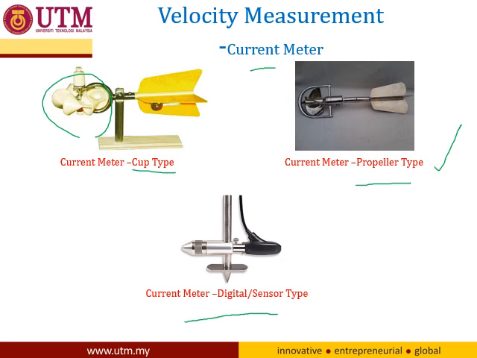The propeller type might have its limitations. For example, if there is some small vortex, the propeller might not work as well as a digital or sensor type. But of course it depends on your budget. Usually digital or sensor types are more expensive than the propeller type.